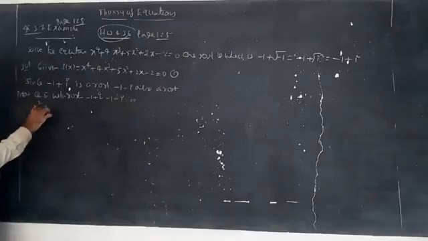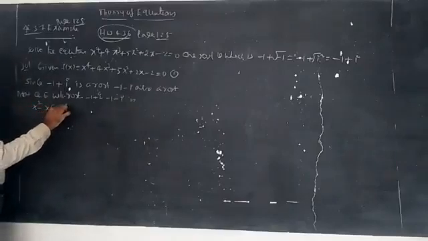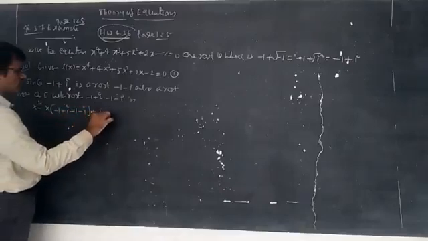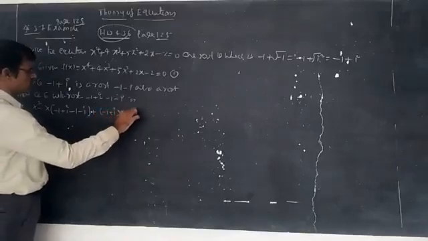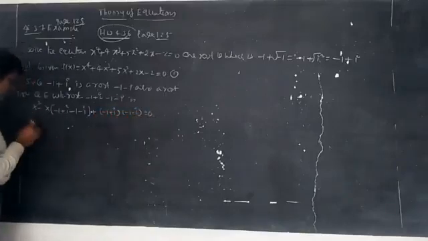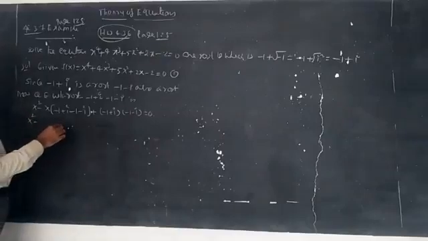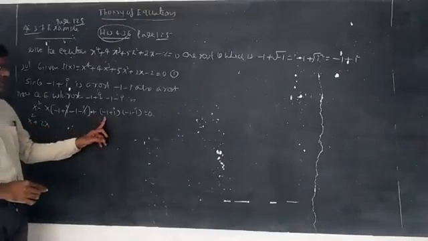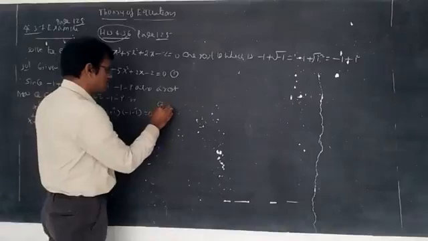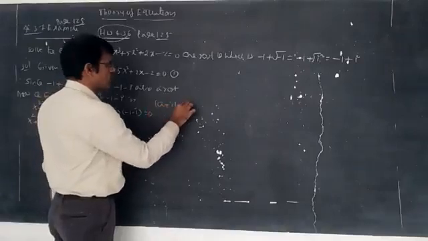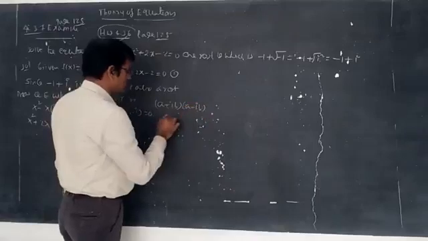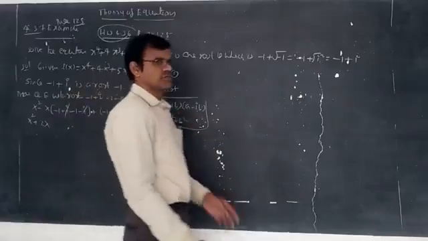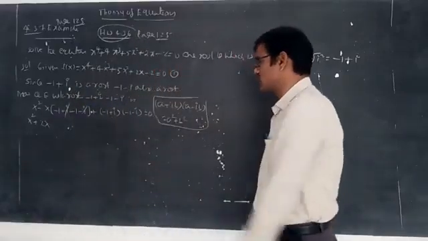The formula is x^2 - (sum of roots)x + product of roots = 0. The sum is (-1 + i) + (-1 - i) = -2, so the i terms cancel. The product is (a + ib)(a - ib) = a^2 + b^2, because it is a^2 - b^2 i^2 and i^2 = -1 makes it plus.